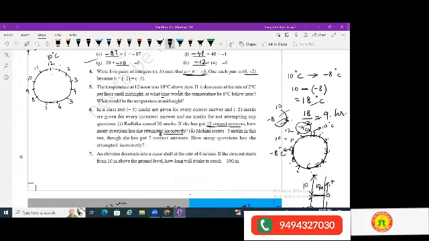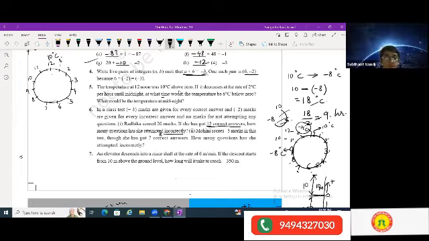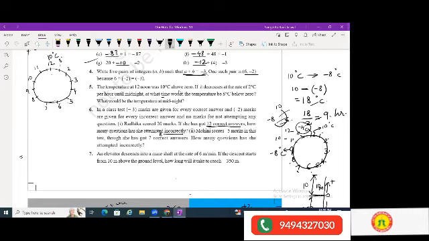So if at noon it was 10, at 1 o'clock it will be 8 degrees, isn't it? And at 2 o'clock it will be 6 degrees. Then here 4 degrees, then here 2 degrees, then here 0 degrees. यहाँ पे -2 degrees होगा, यहाँ -4 degrees होगा, -6 degrees, -8 degrees.